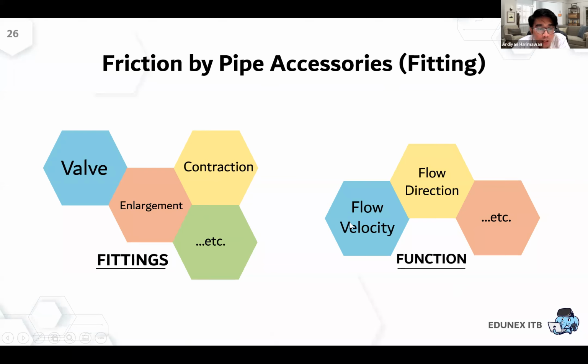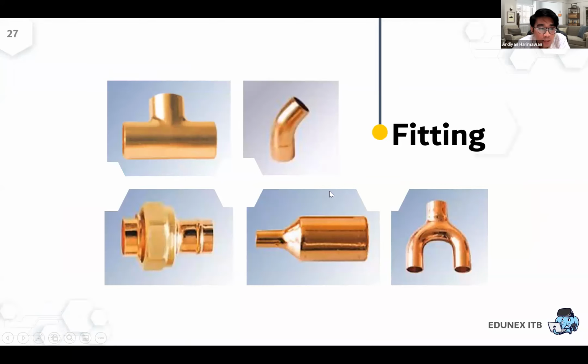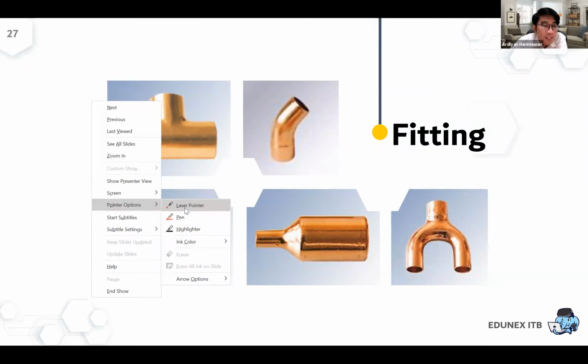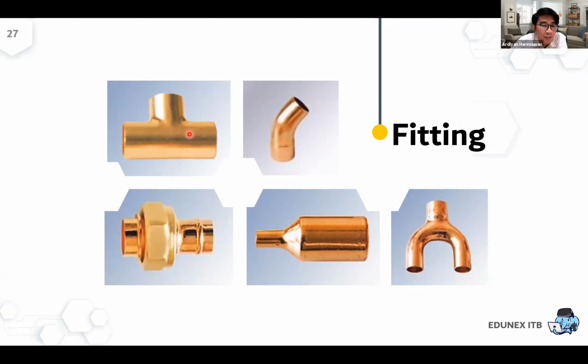You will have a lot of kinds of fittings. It's like this one. It's called a T because the shape is a T. To connect 3 different pipes, to make a branch of the pipe, you need to use a T like this, or maybe you need to use an elbow.